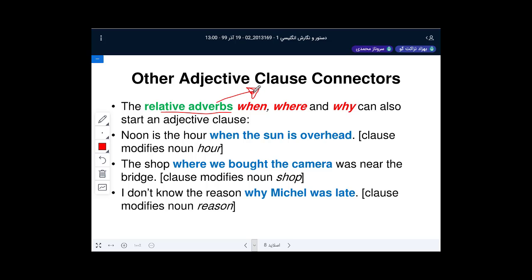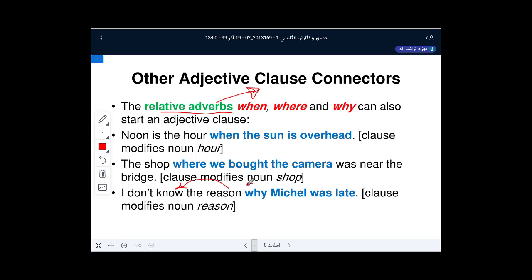When they immediately come after the noun and set off the noun from its verb or any noun in the sentence. Here you will see, I don't know the reason. This reason there is a noun marker, so the reason is a noun, but it is the object of the verb, direct object of the verb.